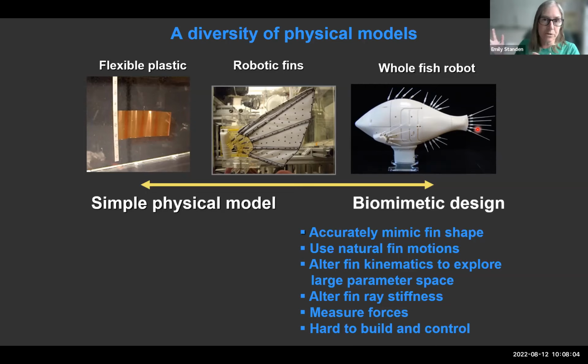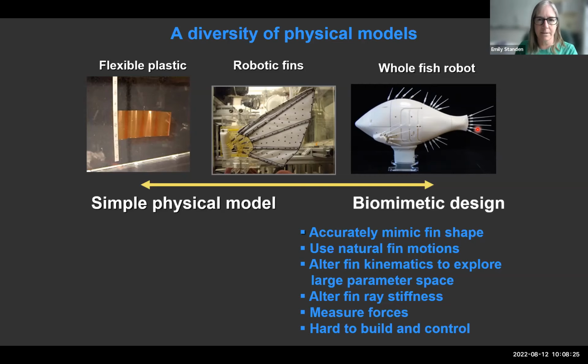They can do natural fin motions. You have big parameter spaces that you can access with these kinds of robots. You can alter the stiffness of the material that you make these robots out of, and you can measure the forces they're producing. The one major drawback is that they're very hard to build and really hard to control.